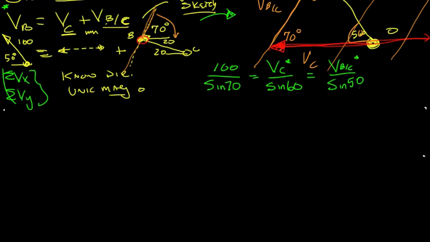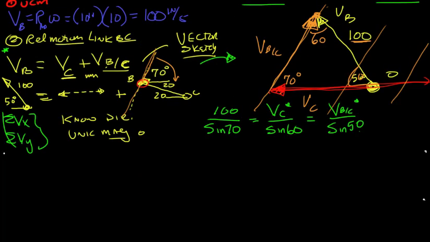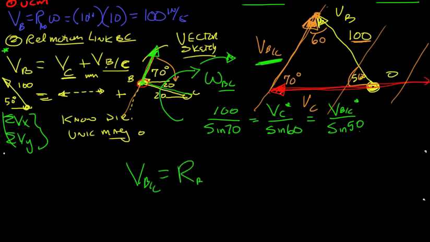Next, from here, we can actually find omega of the link itself. So this link is rotating, and we found the velocity of B with respect to C as up at this instant, which means it's got an omega of BC that we can find, and the velocity of B with respect to C is equal to R, B with respect to C, omega.